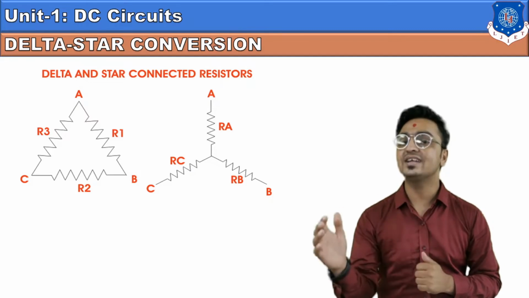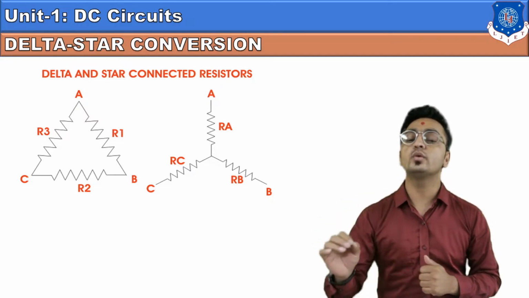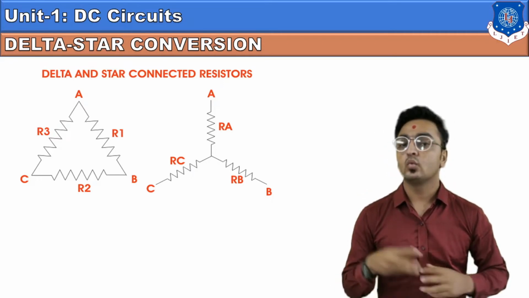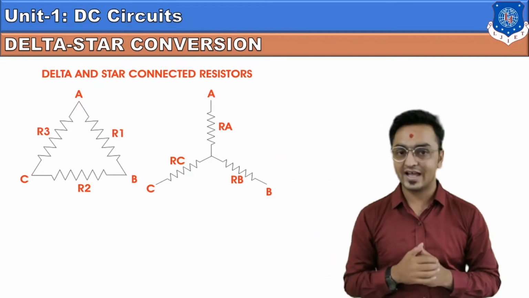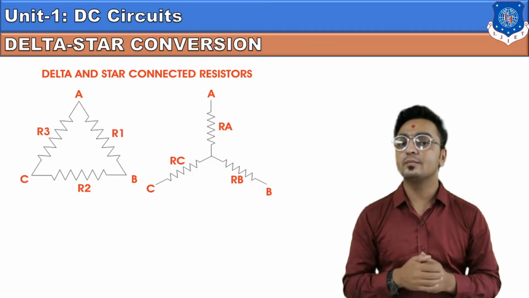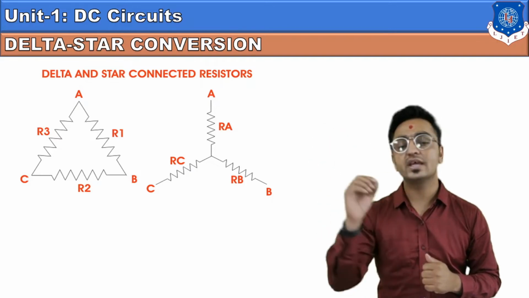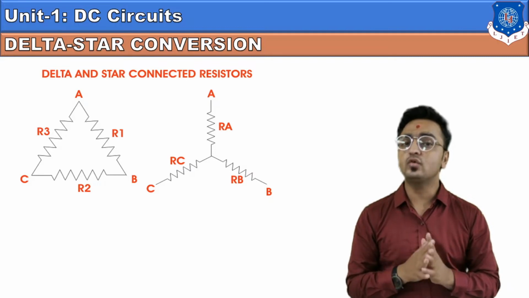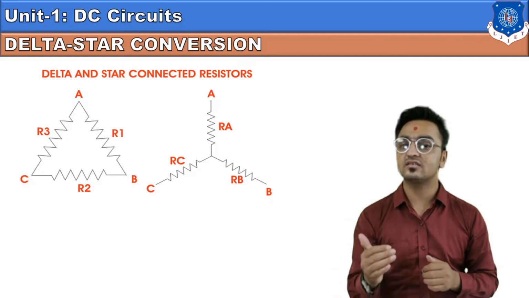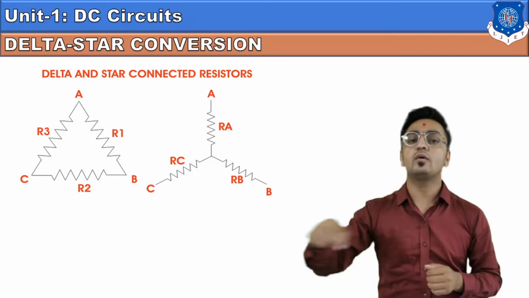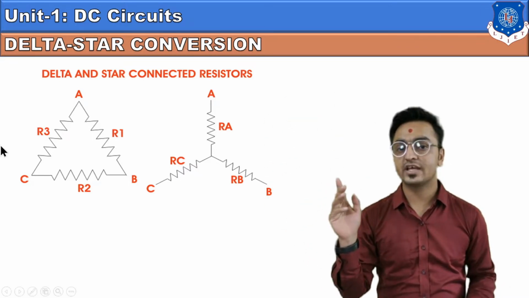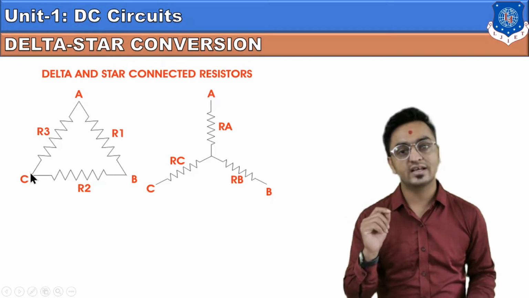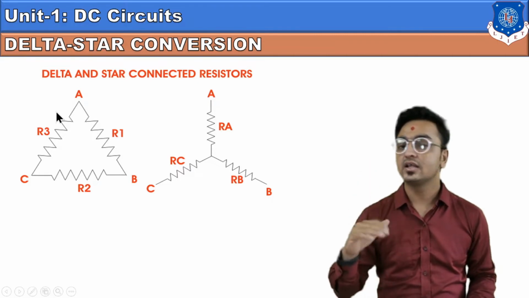So if we form a delta or star, first of all, that is going to be formed between three terminals. As an example, here we have three resistors as shown in this given diagram, which are connected between three terminals A, B, and C. But if you arrange these three resistors between these three terminals in the form of a loop, as shown in this diagram, from A to B we connect R1, B to C we connect R2, and C to A we connect R3.